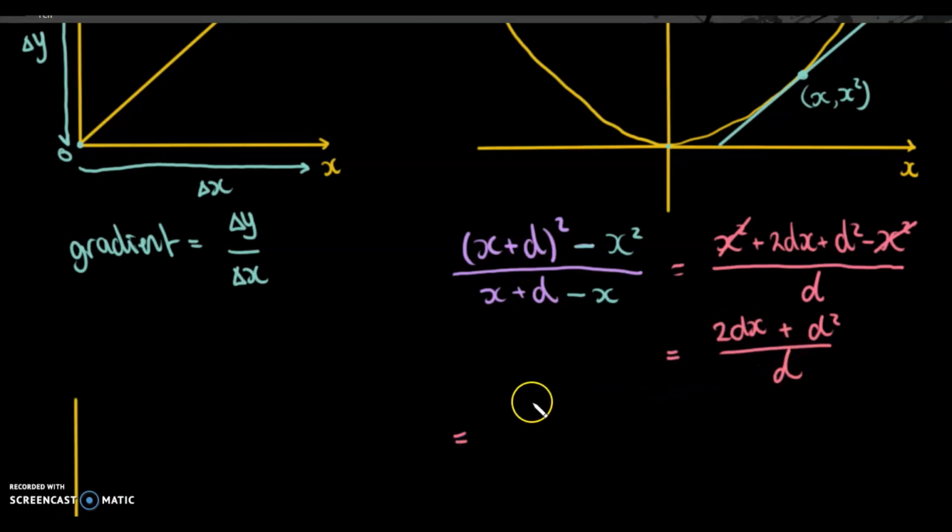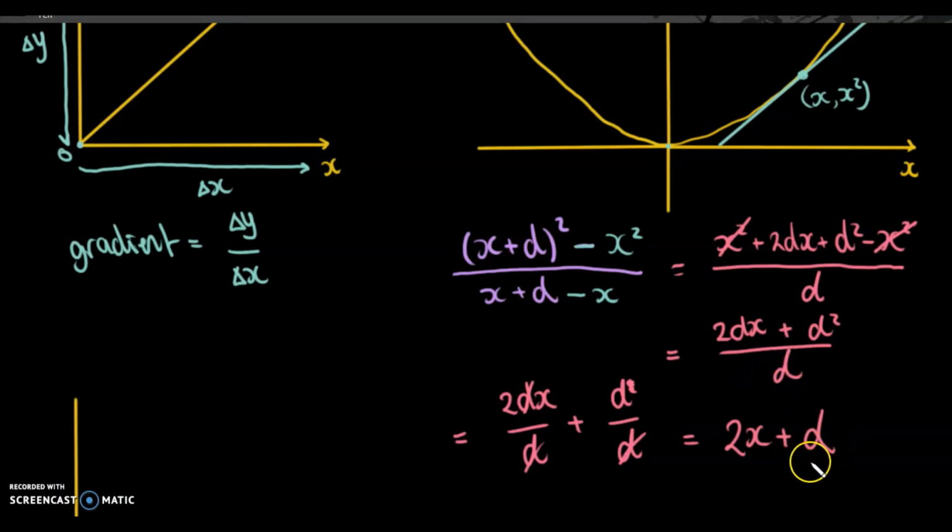So we can have this first part, 2dx, split from the d squared over d. Now hopefully you're happy enough with fractions to see that this is possible. If we were to add these two fractions here, we'd just be adding the top line. Nothing would happen to the bottom line. And using this, we can now cancel down these two fractions. You can see that we have a d and a d there, and this d squared is going to cancel with my d there. So what am I going to be left with? Well, just 2x plus d.